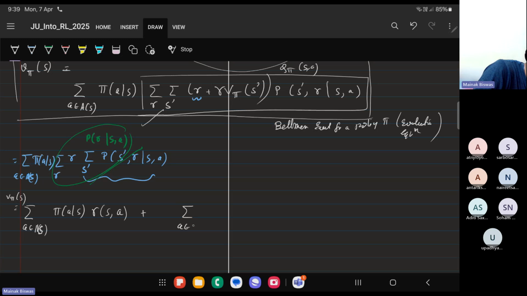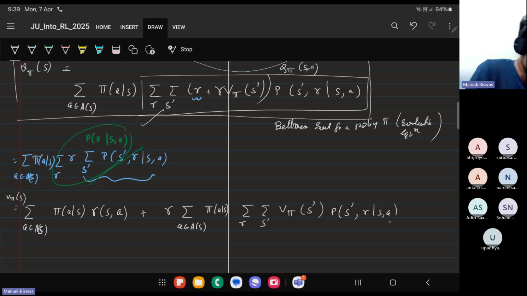Summation of a in A. I'll write down the entire thing with the distributive property in case you're not following. Gamma times summation of r, s prime, v pi of s prime, p of s prime, r given s, a. So now tell me what I can sum over. Which variable can I remove from this? I can remove the rewards, yes or no?